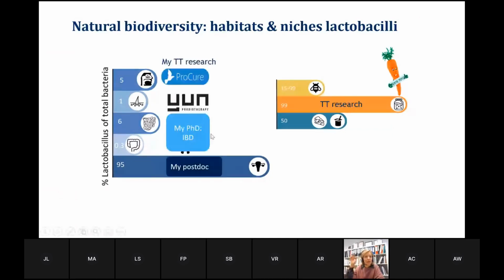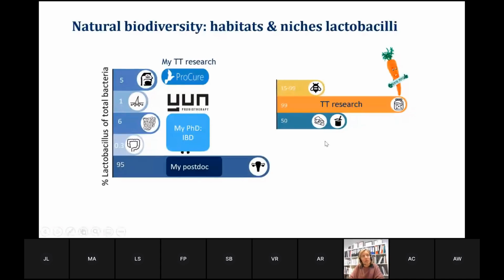And this is also a little bit related to my own research history. I actually did my PhD on lactobacilli in the gut, and then I moved on to a postdoc on lactobacilli in the vagina. When I started my own professorship, we also explored lactobacilli and probiotics for the skin and the nose, and also started to work on lactobacilli in fermented vegetables, but also in food and even in honeybees and different insects.